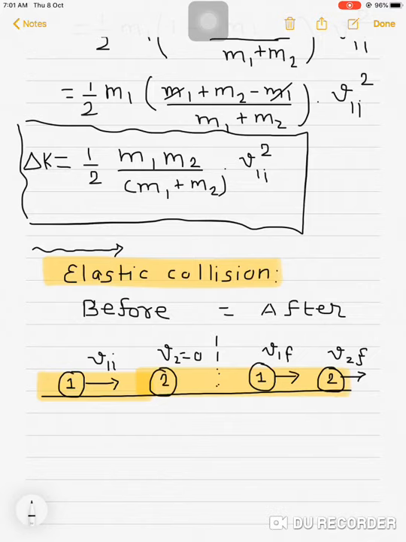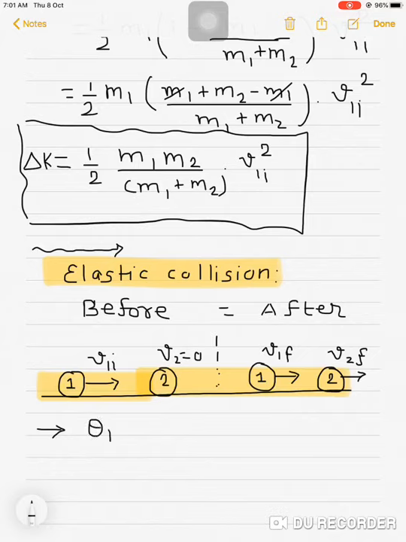For momentum conservation, we consider theta 1 equals theta 2 equals 0, so both are moving in the same direction.